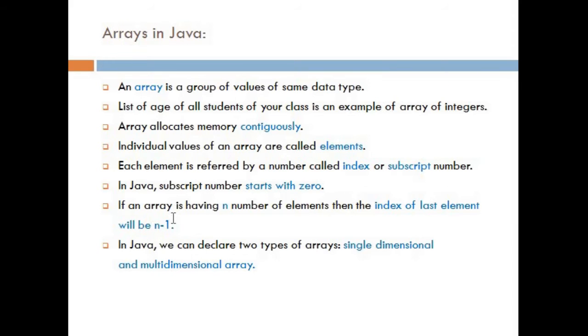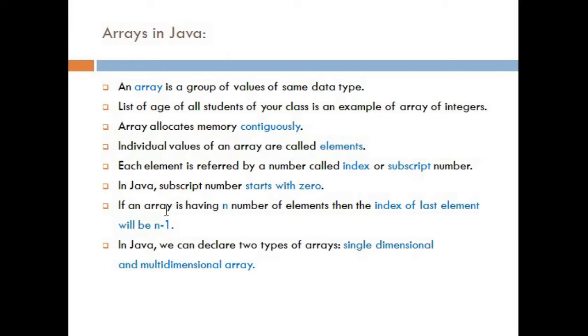That is why we can now say that for an array having n number of elements, the last index of the array will be n minus 1. This is clearly explained here. If an array has n number of elements, then the index of the last element will be n minus 1. Now put the value of n as 10 here.